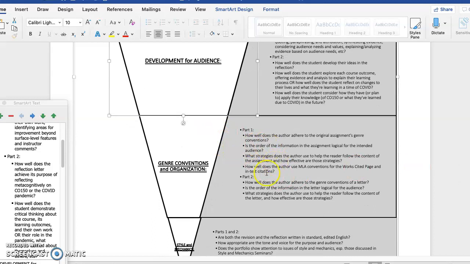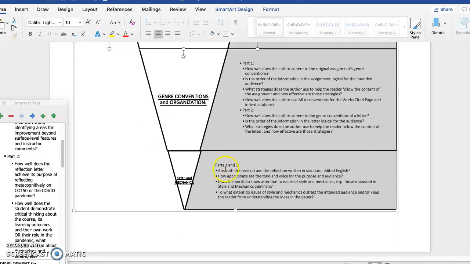The genre conventions and organization will still follow for part 1, the original requirements of the assignment. And then part 2, how well does the author adhere to genre conventions of a letter? And is the information in a logical way? What strategies does the author use to help the reader follow the content of the letter, and how effective are those strategies?